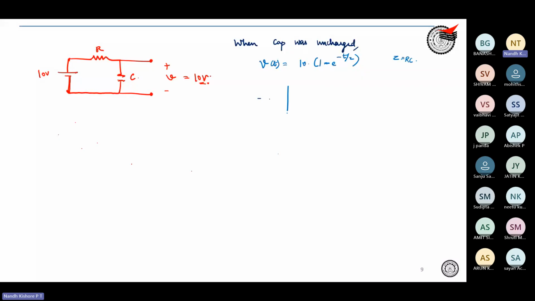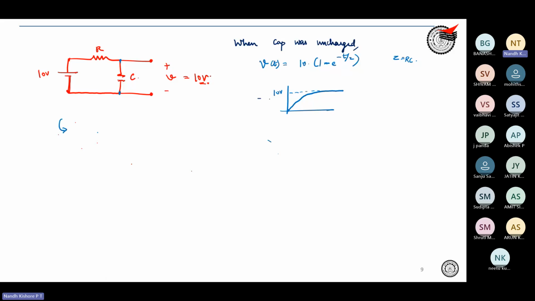So your capacitor voltage was initially 0, then it slowly charged and reached 10 volts. At infinite time, the capacitor has the same voltage as the supply voltage.